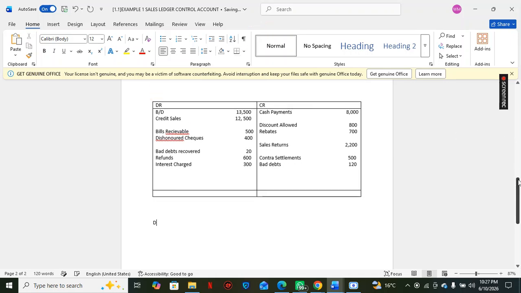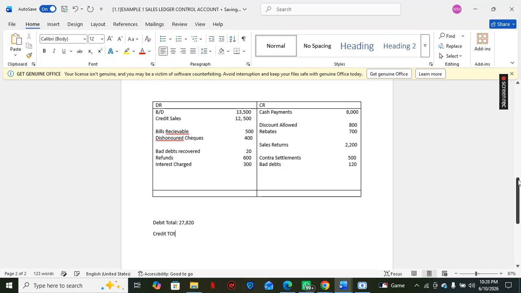Can someone get the credit total as I'm getting the debit total? 13.5 plus 12.5 plus 900. So on the debit side, it's 27,820.